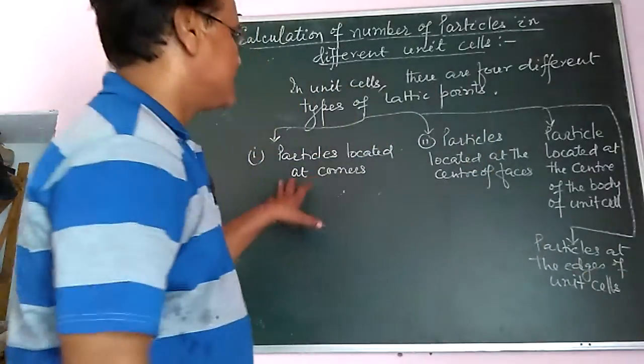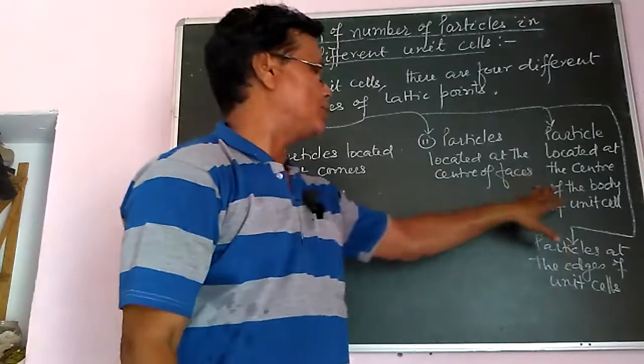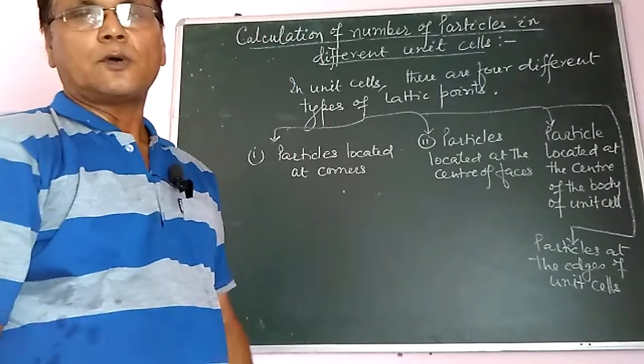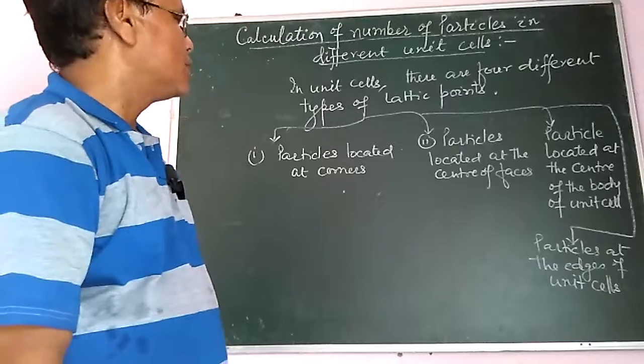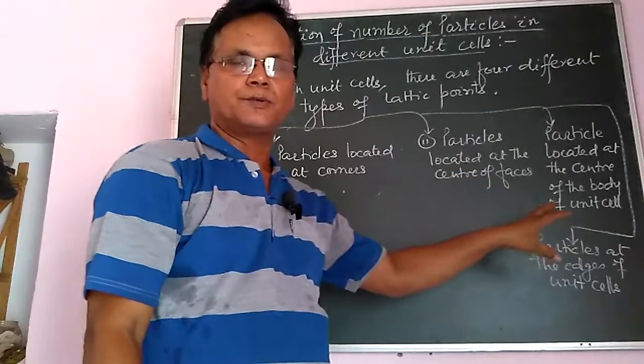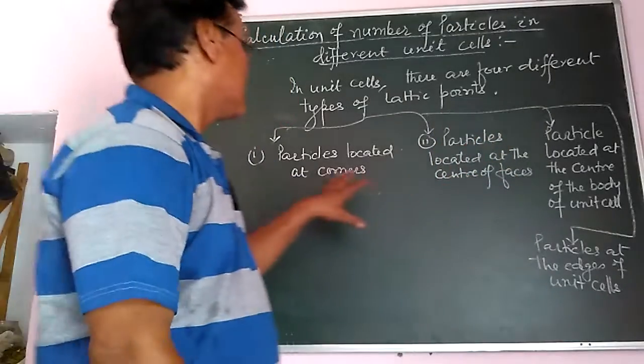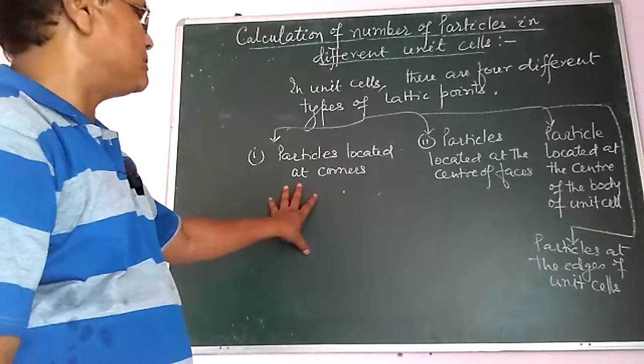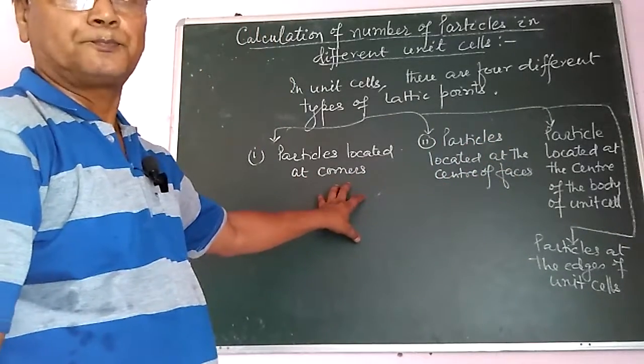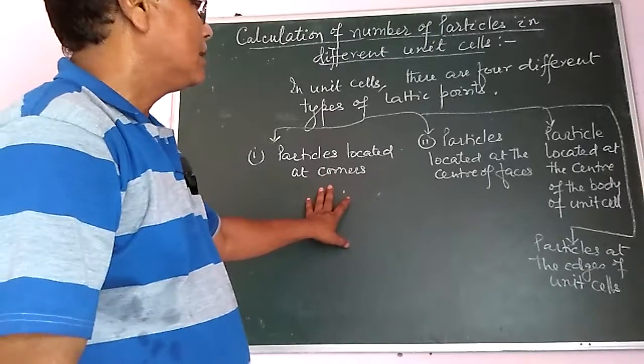See here, there are 4 different types of lattice points, 4 different types of ways in which the particles may be present. It will always be present at the corner. It is compulsory.